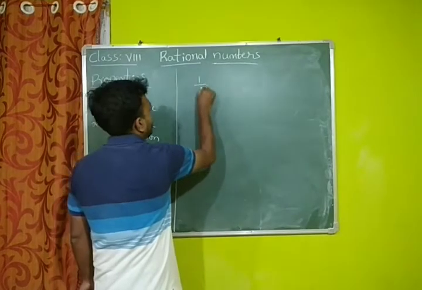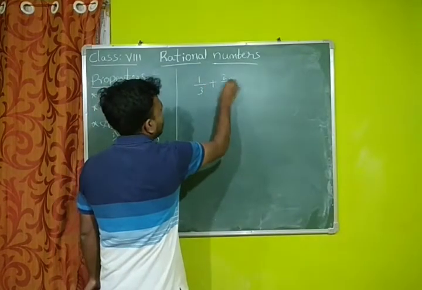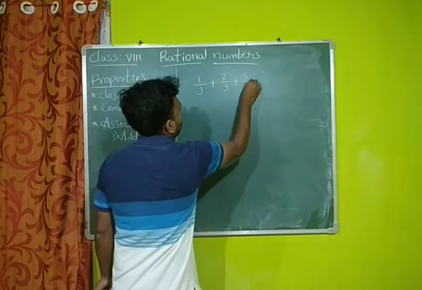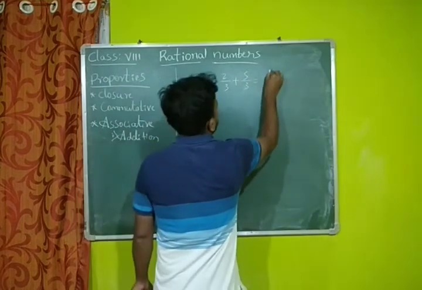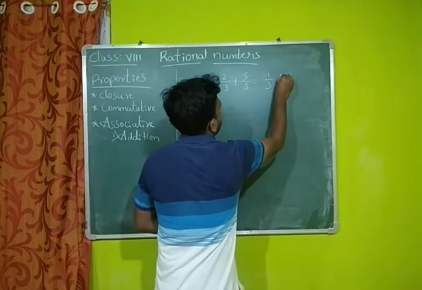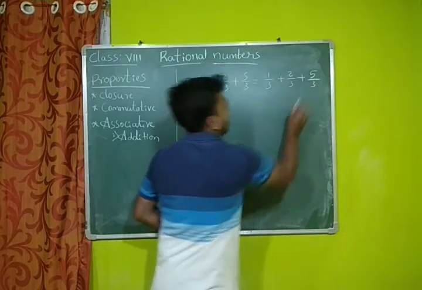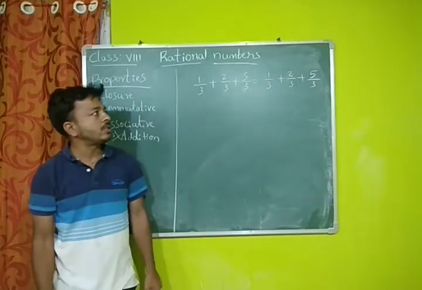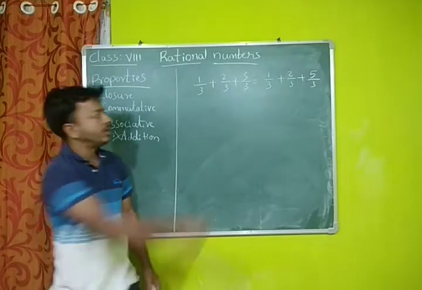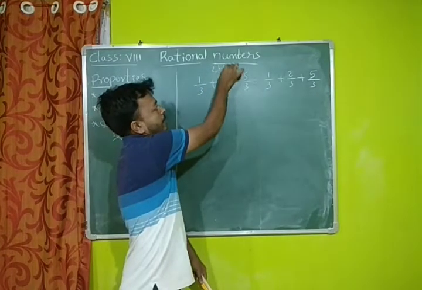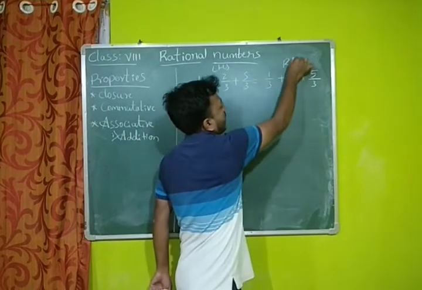I took (1/3 + 2/3) + 5/3 equal to 1/3 + (2/3 + 5/3). So this is the LHS part and this is the RHS part.